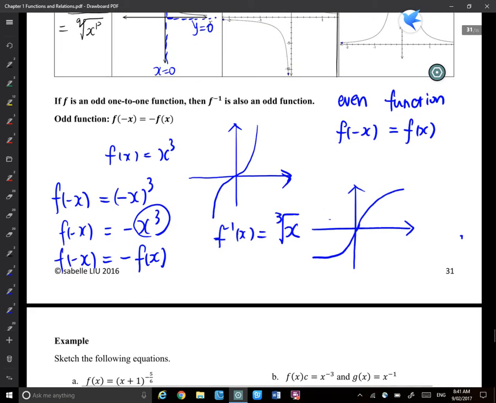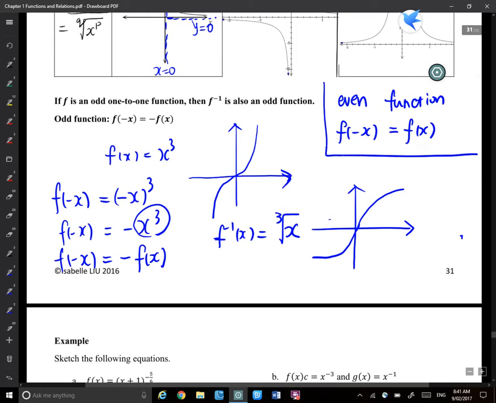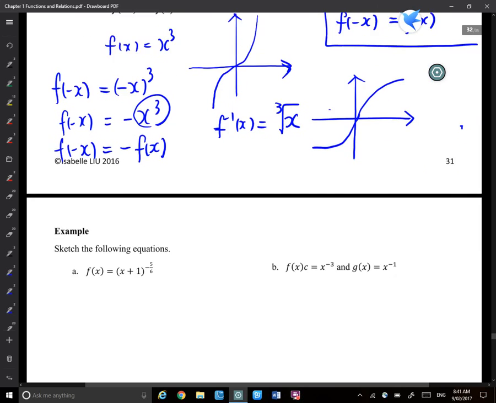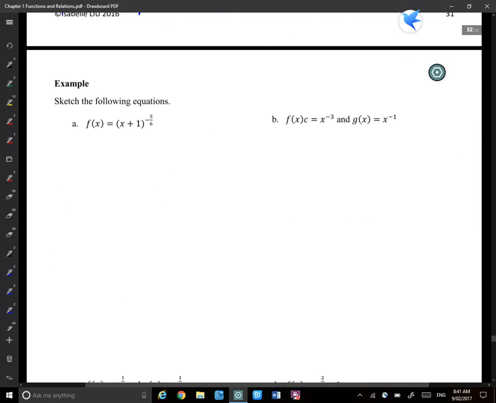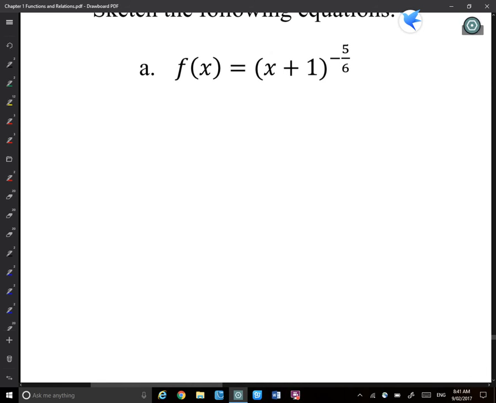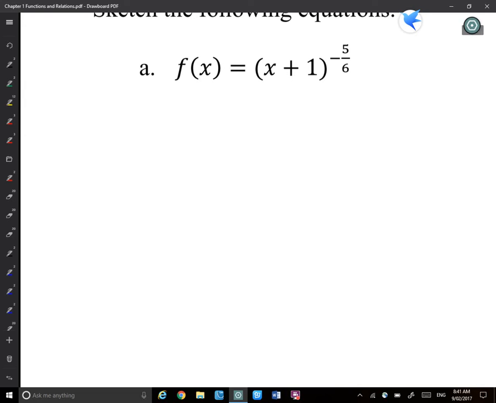So that's just a little definition here. Let's think about how to sketch the following power functions. Let's think about the first one. We have f(x) equals (x plus 1) to the power of negative 5 over 6. Let's think about things one by one.